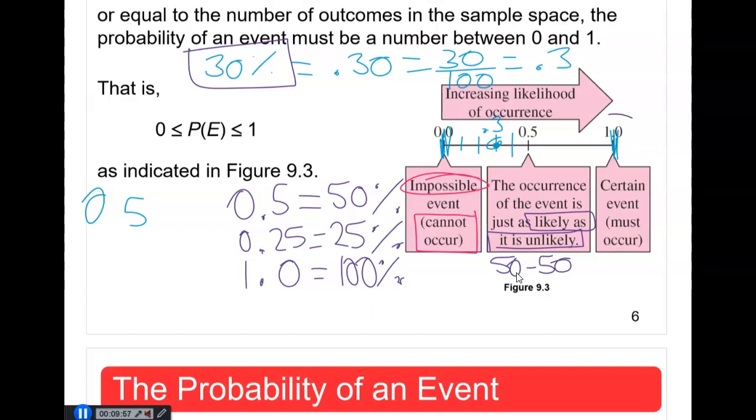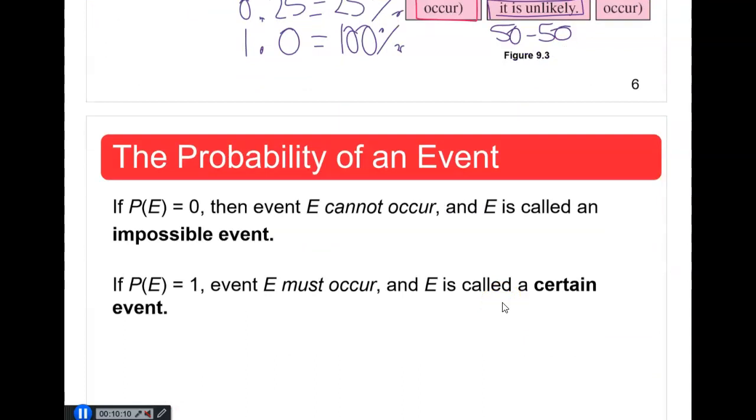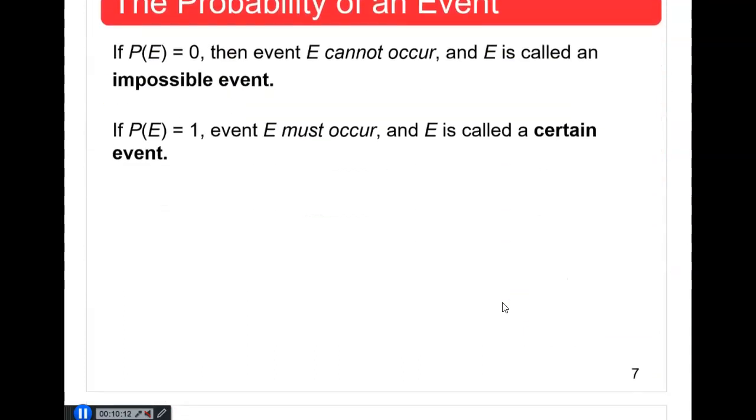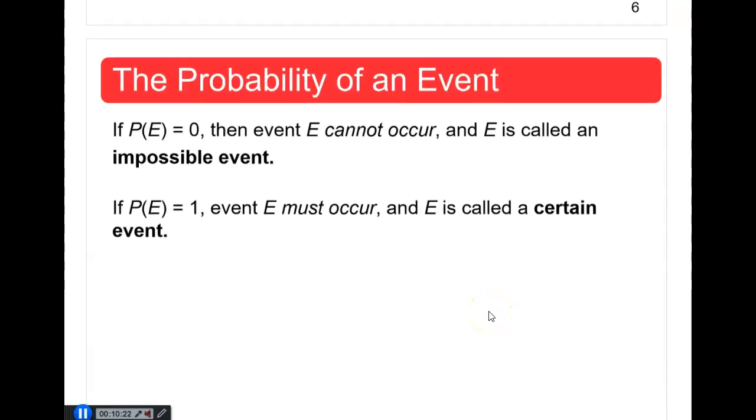And if we have a 1, like rolling a number smaller than 7, then it is certain that the event will occur. For the probability of events, we use a capital P for probability, and then P of E for the probability of a certain event. So going back to that diagram, if you ever have a probability of 0, the event cannot occur, and if it is a 1, the event is a certain event.